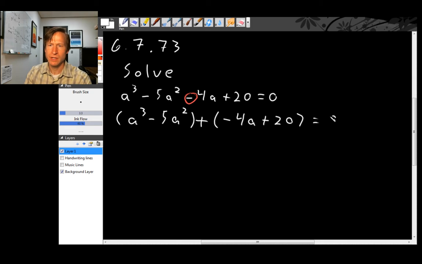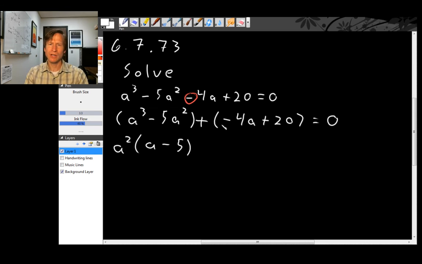equals 0. And then remember, when you're factoring by grouping, you factor the common factor out of each group. In this first group, looks like the common factor is a squared, so let's factor that out. And the remaining stuff is a minus 5. And then in the second group, it looks like there's a common factor of 4.